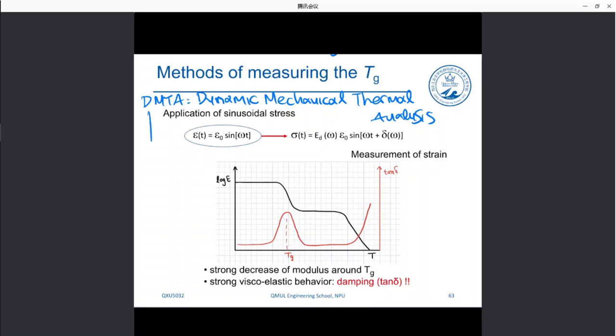It can give us the mechanical properties as a function of temperature or frequency, and can also give us thermal transitions.